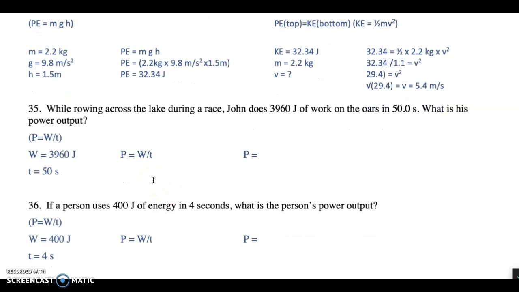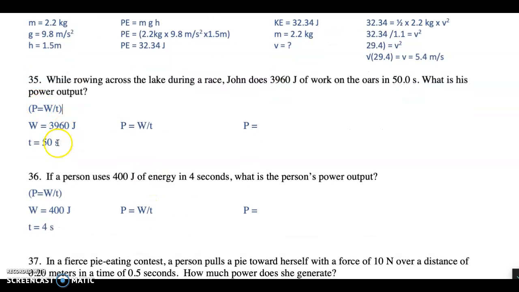So now we've got power, which is just work divided by time. So here I've got work, 3,960 joules of work, divided by a time of 50.0 seconds, is equal to 3,960 divided by 50, which is 79.2, and it's watts, which is a W, but technically it's an italicized W. So that would be watts here.